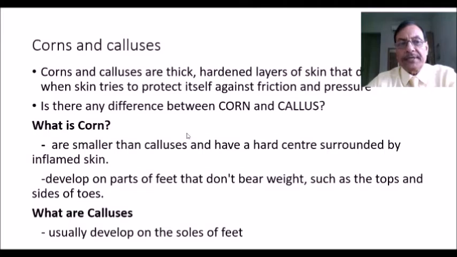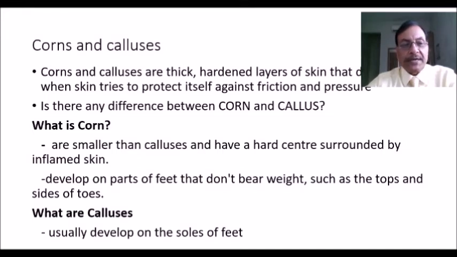What are corns and calluses? Corns and calluses are thick, hardened layers of skin that develop when the skin tries to protect itself against friction and pressure. What is the difference between corns and calluses?